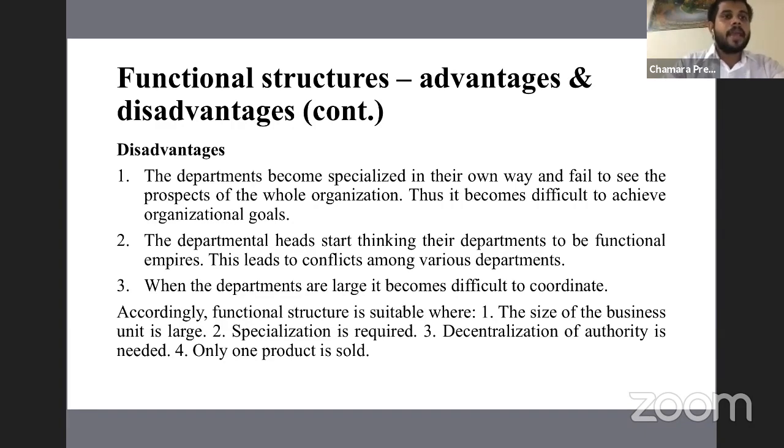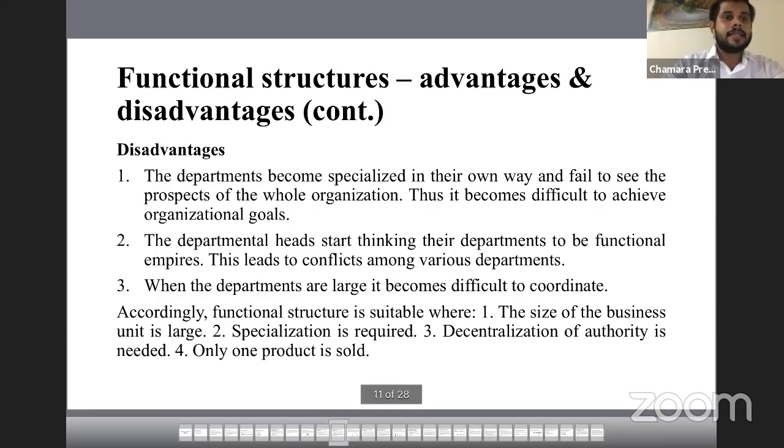And the department heads start thinking of their departments as functional empires. This leads to conflicts among various departments. So they work on their own department to be a functional empire, and they forget about the entire organization's goal and focus on their department goal, something like that.